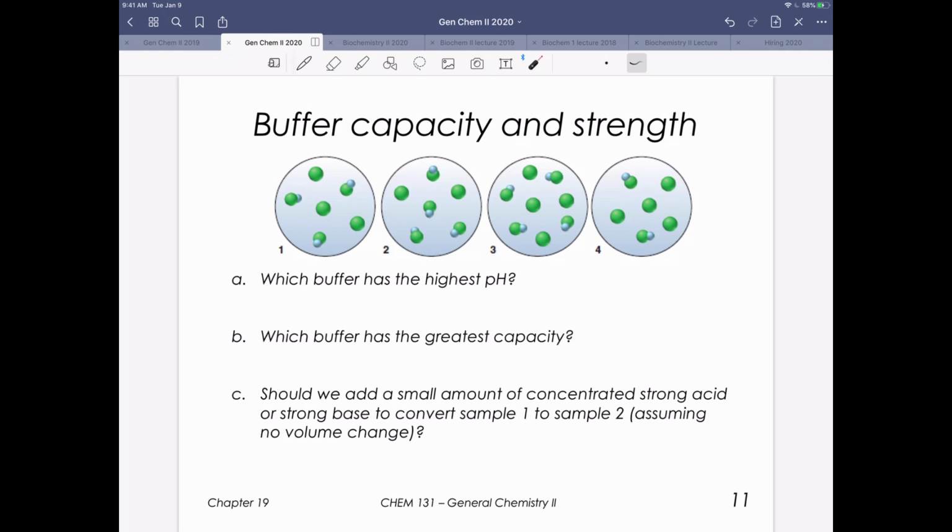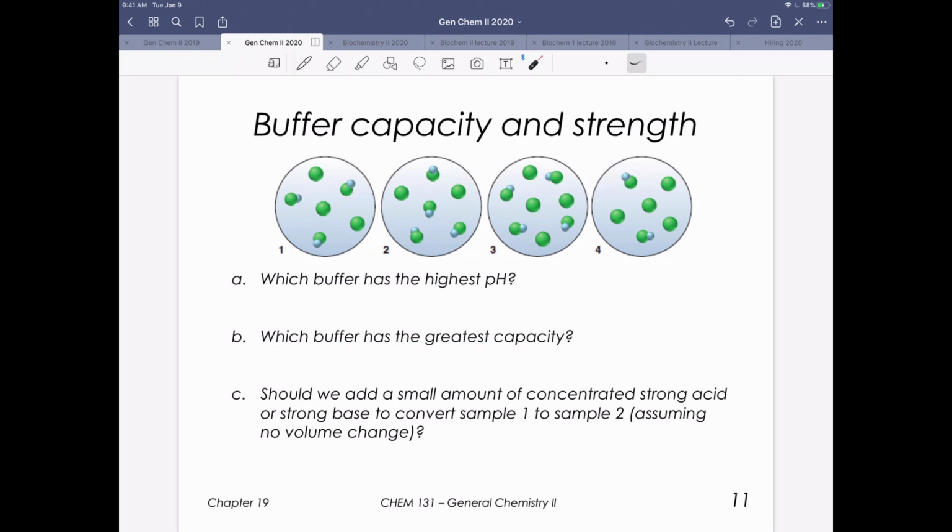We're actually not showing H3O plus molecules here, but what we're really showing is how much this weak acid has dissociated. So again, we've got the weak acid and its conjugate base. Try to use that information to think about which of these buffers has the highest pH if we're looking at a ratio between a weak acid and its conjugate base.